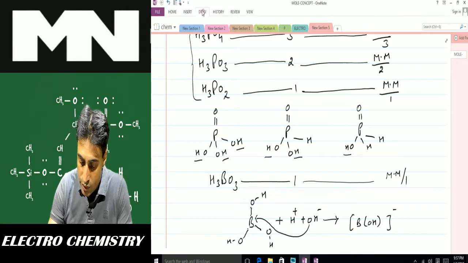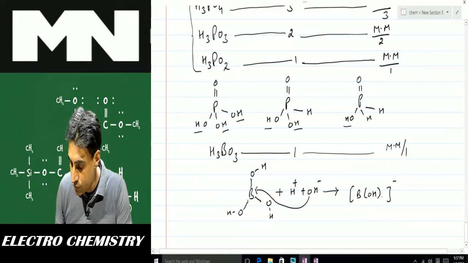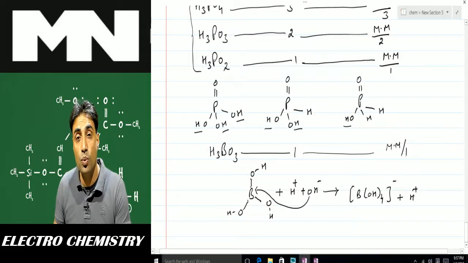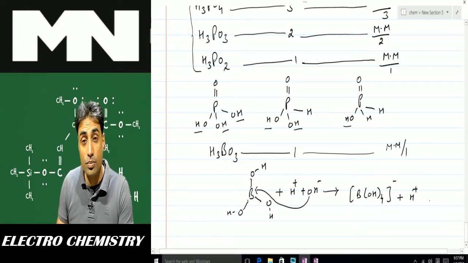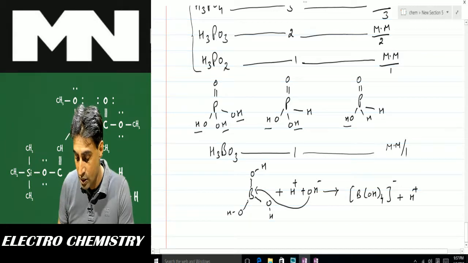So very correctly we'll write it B(OH)4 single negative, and it will result in donation of H positive ion from water. This H positive ion, although it is donated by water, is considered a proton because of boric acid. That's why it is considered monoprotic.